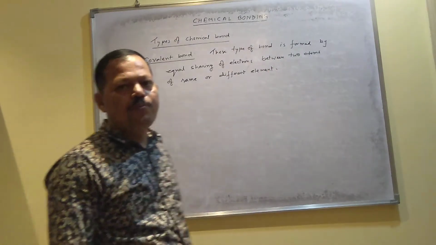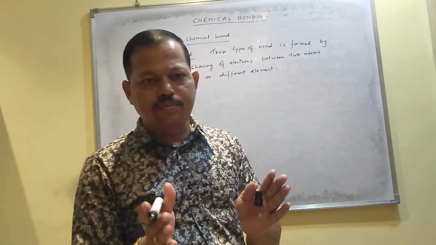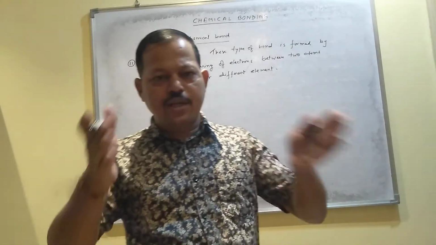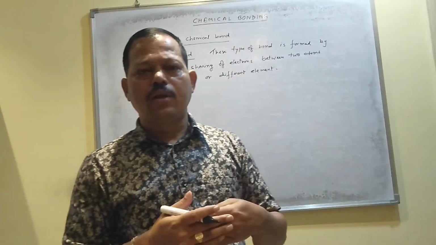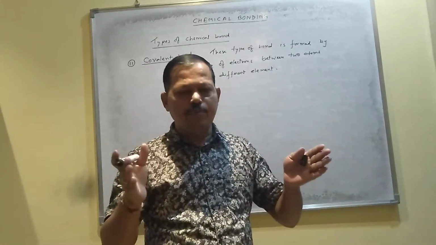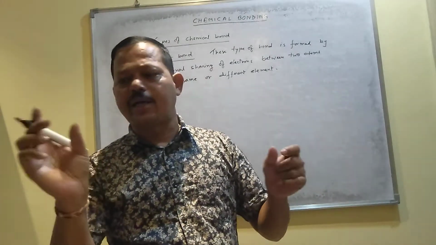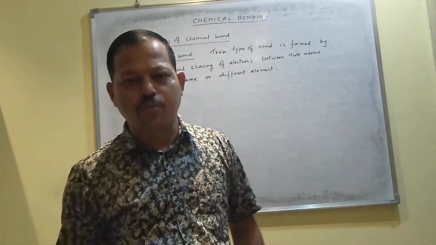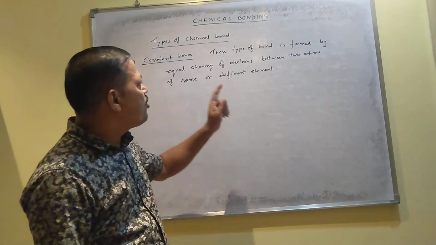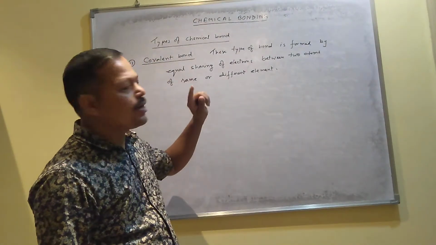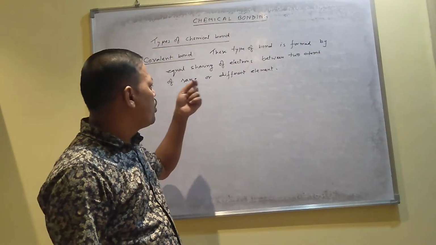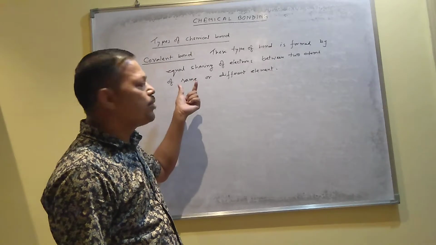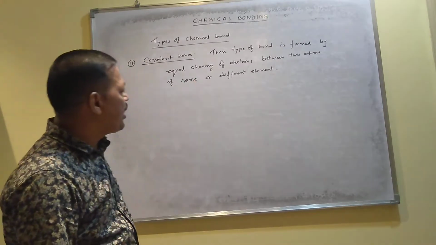A covalent bond may be produced between similar atoms. For example, hydrogen contains a covalent bond, and a covalent bond may be produced between two different atoms like hydrogen and chlorine. So by sharing of electrons, it produces the covalent bond, and the covalent bond may be produced between similar elements or different elements.